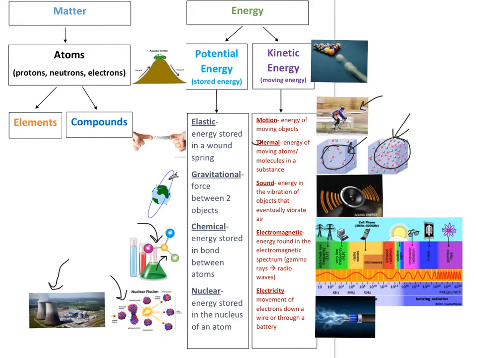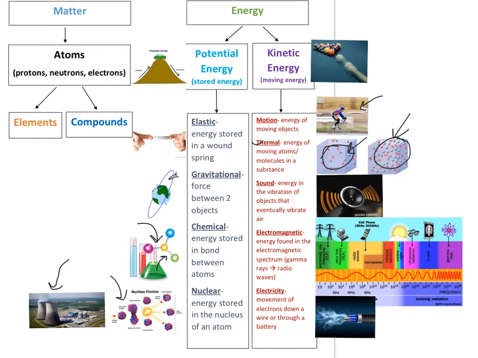Let's see, the third type of kinetic energy is sound energy. Sound is a type of energy. It's the vibration of objects that eventually gets into vibrating air molecules, and those air molecules are vibrating and hitting our ears, causing more vibrations.